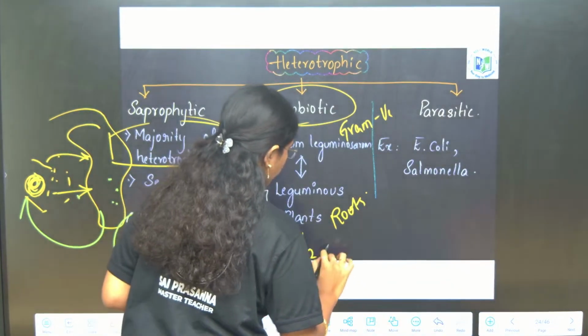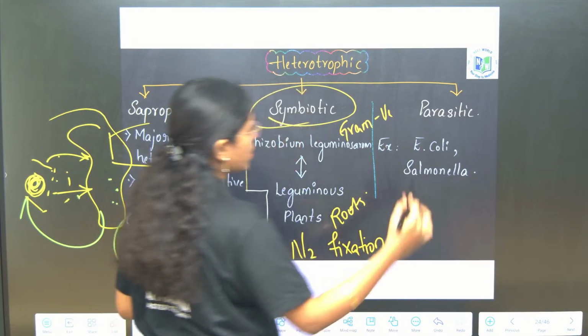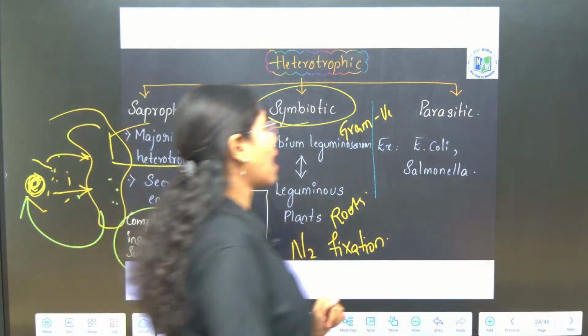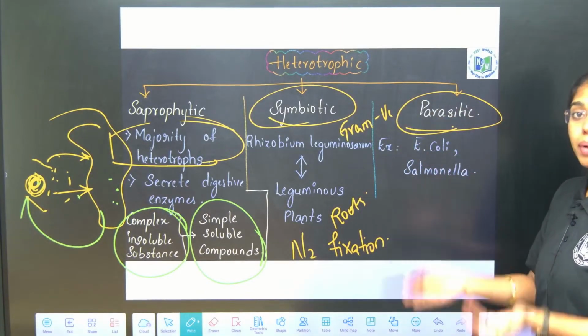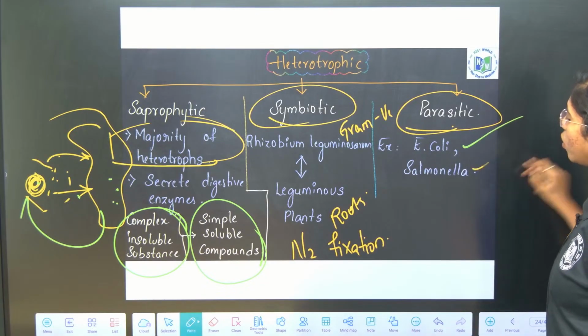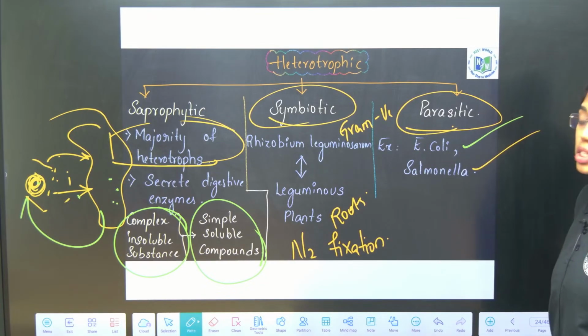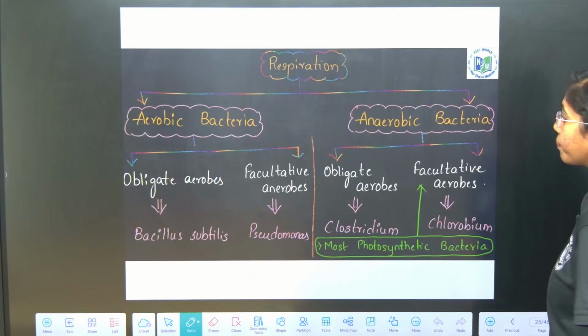Nitrogen fixation. Major function is nitrogen fixation. Clear, right? Next, parasitic mode of nutrition, which lives on living plants, animals and living organisms. Examples include E. coli and Salmonella. This is about mode of nutrition, both autotrophic and heterotrophic.